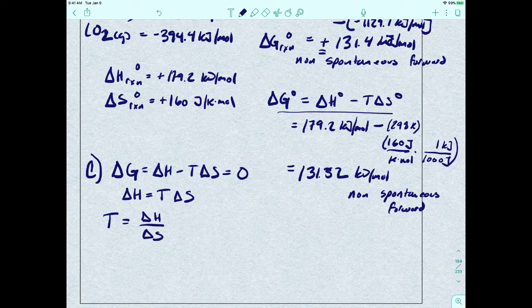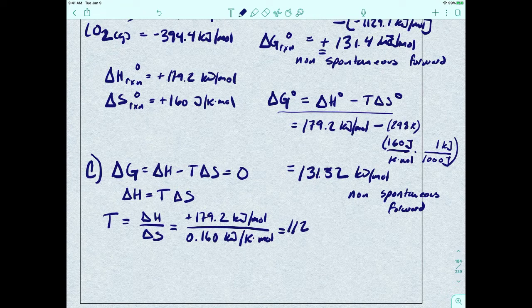Now we have those values. So delta H is going to be a positive 179.2 kilojoules per mole. Delta S, according to what we have over here, is going to be 0.160 kilojoules per K mole. And so this is going to give us about 1120 Kelvin. So about 847 degrees Celsius, we're going to hit that equilibrium.